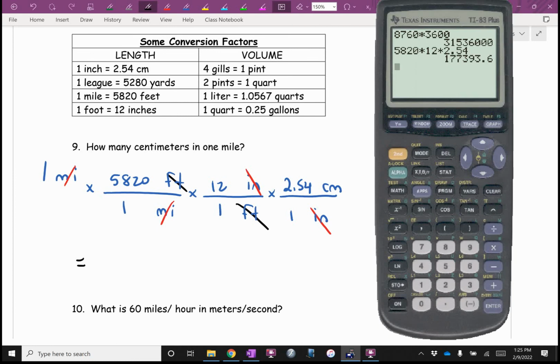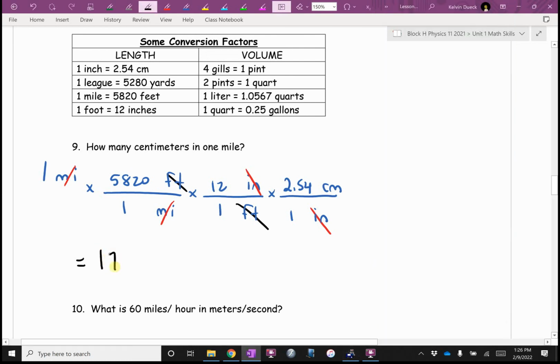No, I think I've got feet, good. Inches, good. Is it 17793.6? I missed a digit. 177,393.6. And that's going to be centimeters.